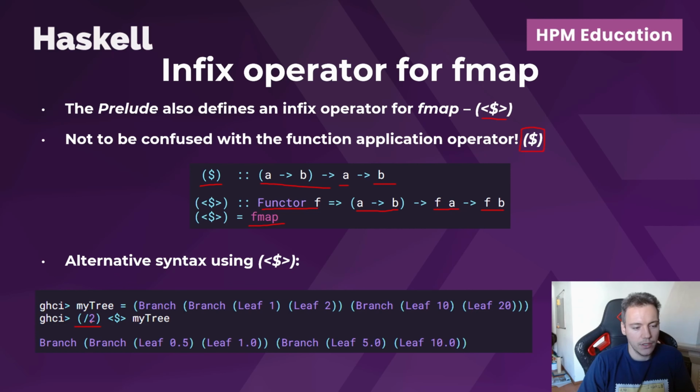We can say my tree stays the same as before, and we say, okay, apply the function divide by 2, map it over my tree, and we get the same result as before. So it's just a matter of preference what to write. If you see this infix operator in Haskell code, now you know what it stands for.